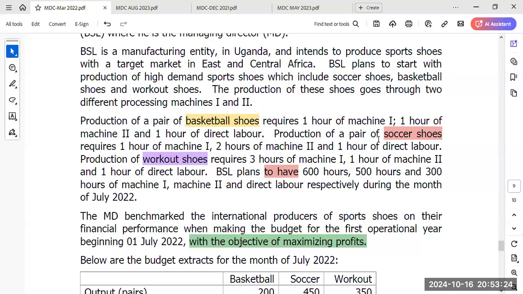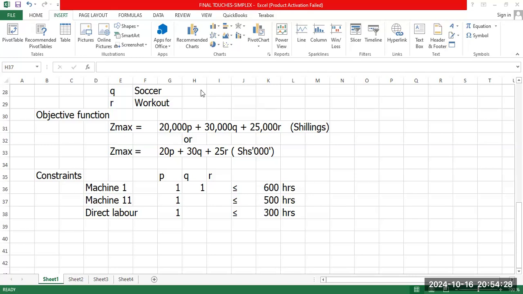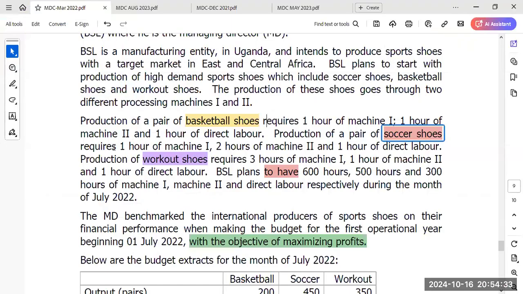The production of a pair of soccer shoes. Remember, soccer shoes are represented by Q. Requires 1 hour of machine 1. Where there is machine 1, I put 1. So we are done with that. 2 hours of machine 2.